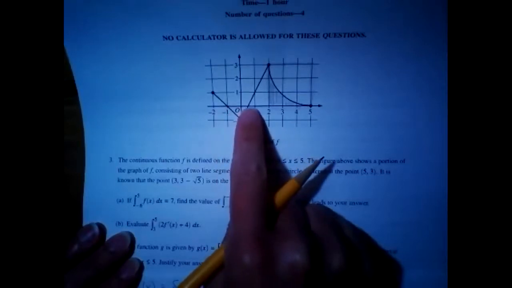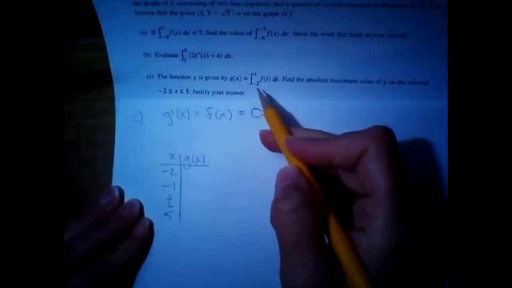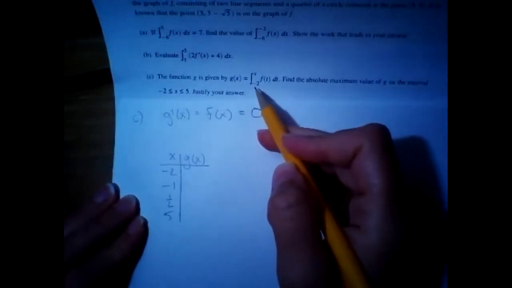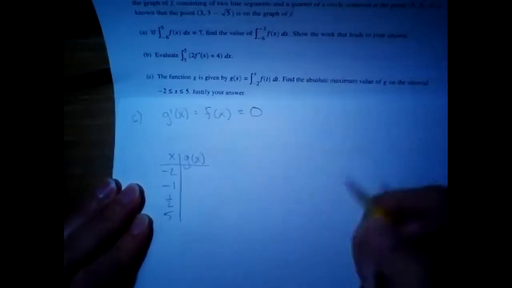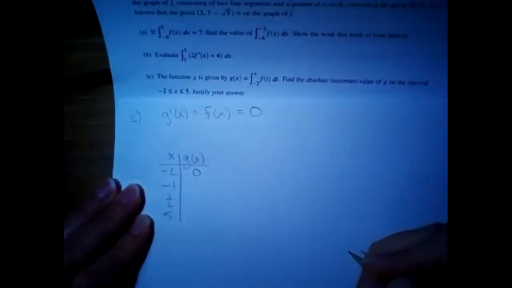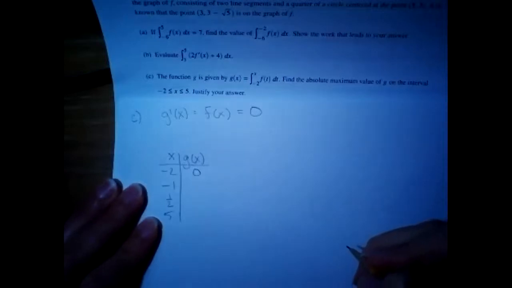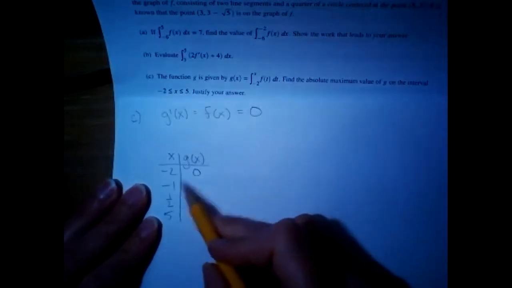So -1, a half, and 5. All right, and we're going to plug those into function g. Just be aware the accumulation begins at -2, not 0. So if you plug in -2, accumulating from -2 to -2 gives you precisely nothing. You didn't go anywhere.